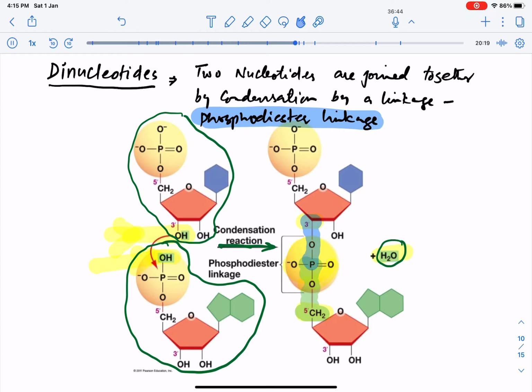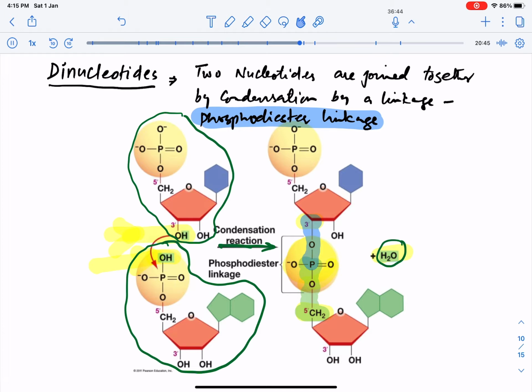This can be broken down. A dinucleotide can be broken down into two nucleotides by a reverse process, which is known as hydrolysis. So a water molecule will be similarly added, and this can be broken down into the two nucleotides. Enzymes can break down the two nucleotides into individual nucleotides.